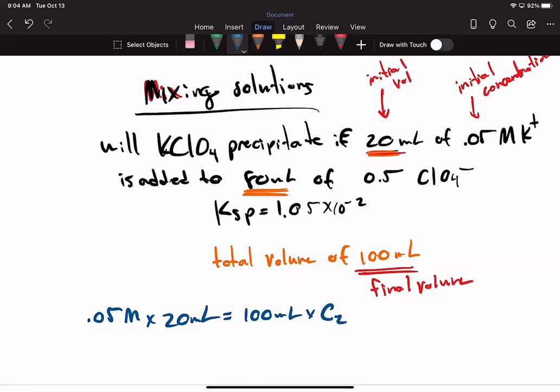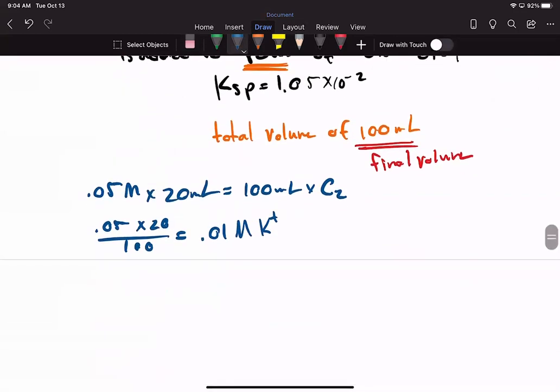So 0.05 times 20 divided by 100 equals our final concentration, which is 0.01 molar.